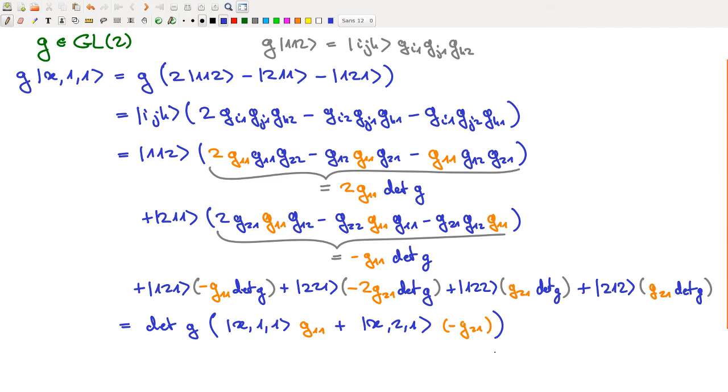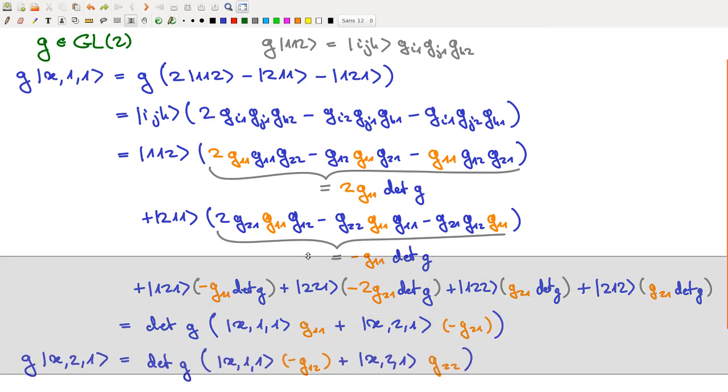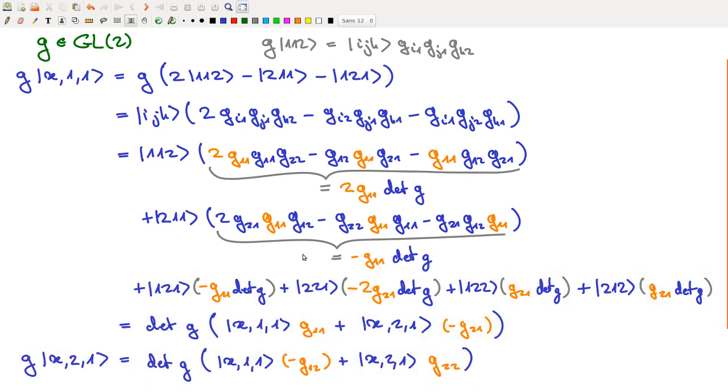Now we can do the same thing for this other basis vector, and I will not spell this out, but you can try at home if you like. And we find a similar formula. We find that G applied to kappa 2,1 is also a linear combination of this kind with a determinant prefactor and some matrix elements.